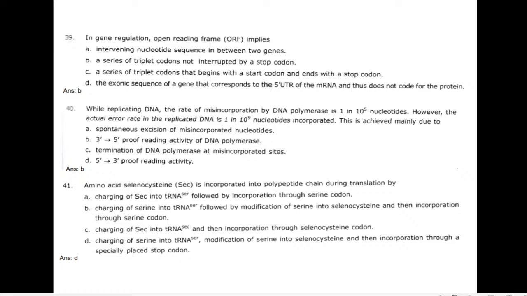DNA polymerase finds all the possible replication sites. It does the 3 prime to 5 prime proofreading activity, which means it converts the nucleotides and removes the alternative sequences.